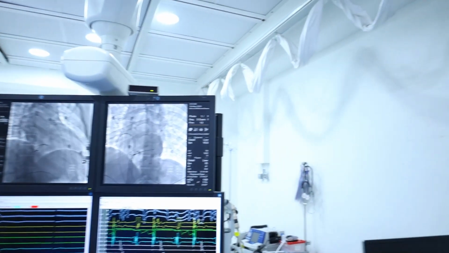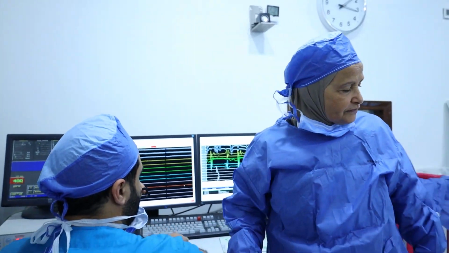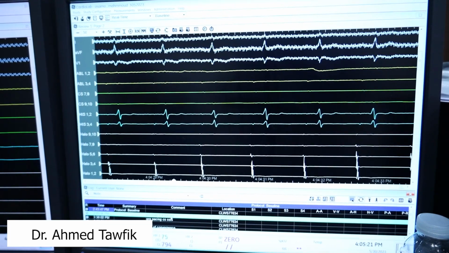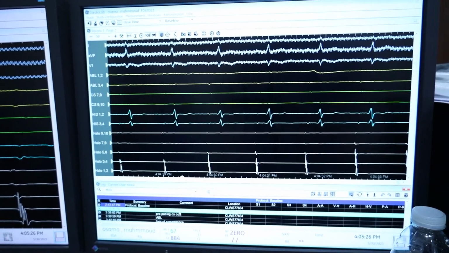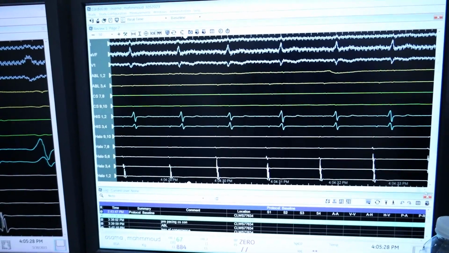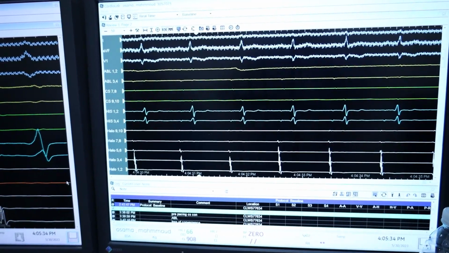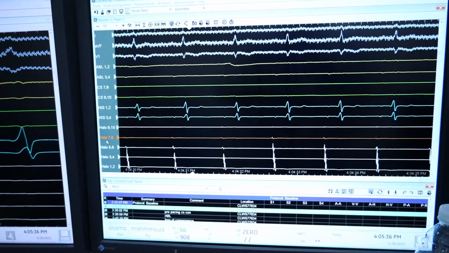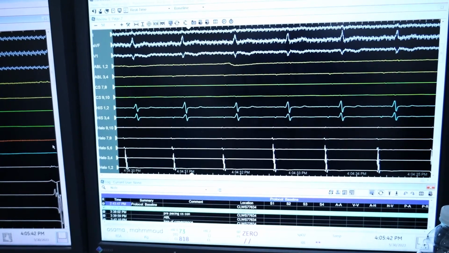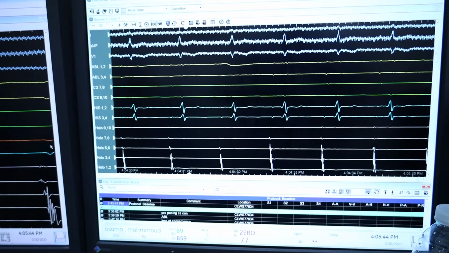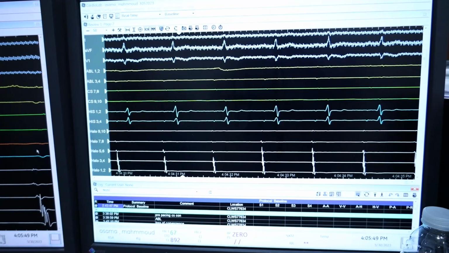I explained the procedure from the beginning and what we realized. At the beginning, we had normal sinus rhythm, and we had to confirm that we have conduction across the cavotricuspid isthmus. So we started by placement of catheters: a decapolar catheter in the high right atrium as a halo catheter, the CS catheter inserted inside the coronary sinus, and the His catheter positioned around the His region.